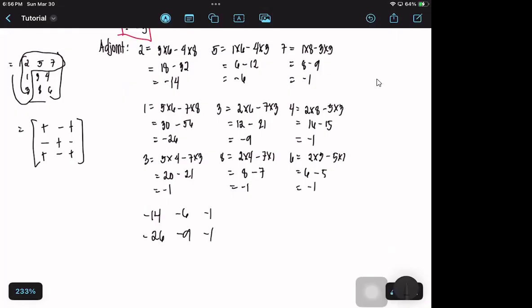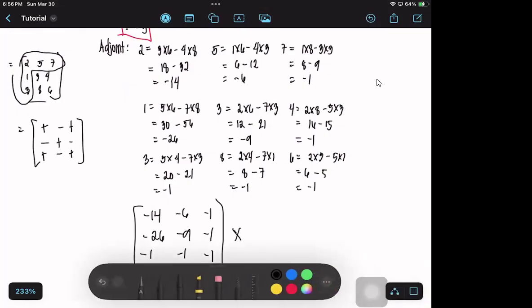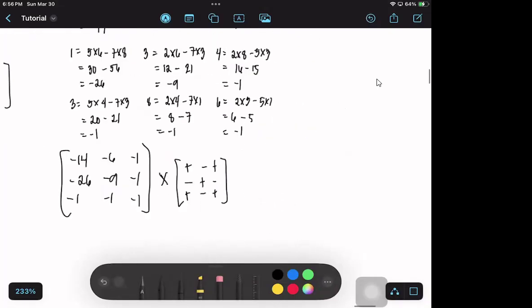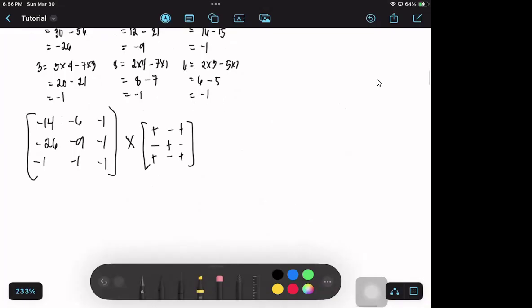So -1, -1, and -1, and -1. So for this one right now, you will multiply that into that one right now. Let me just grab a copy for that so that we can copy and paste that here. Afterwards you will multiply that here.